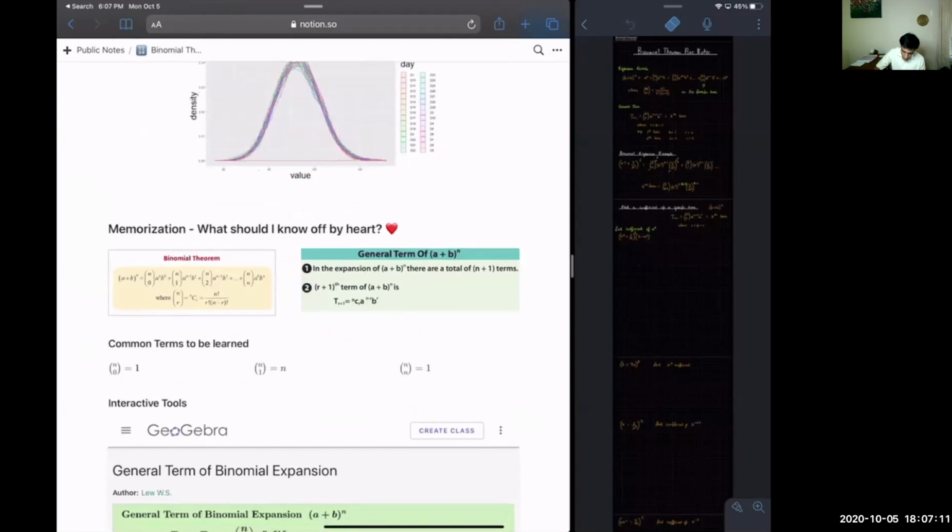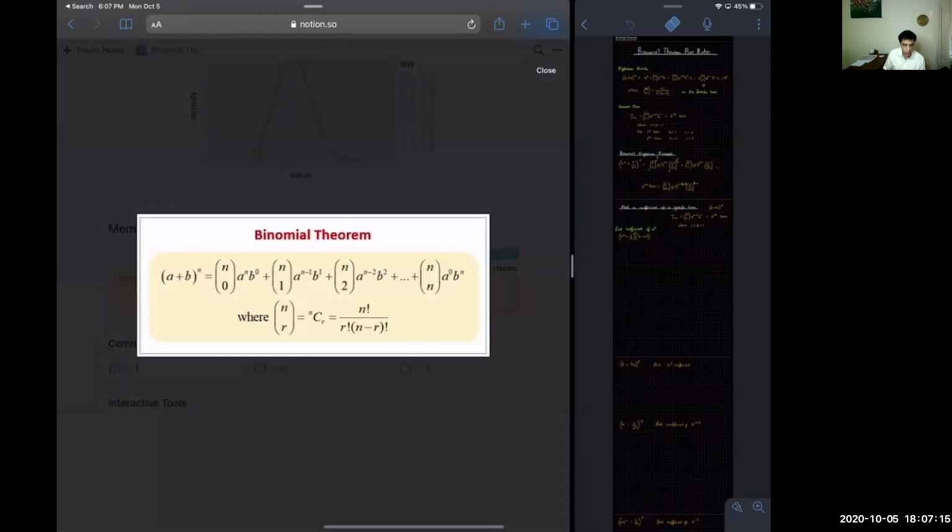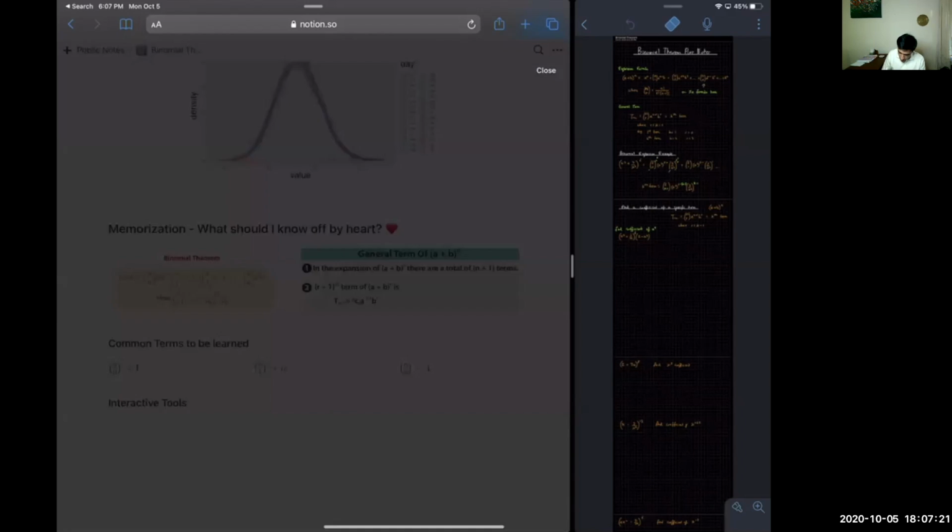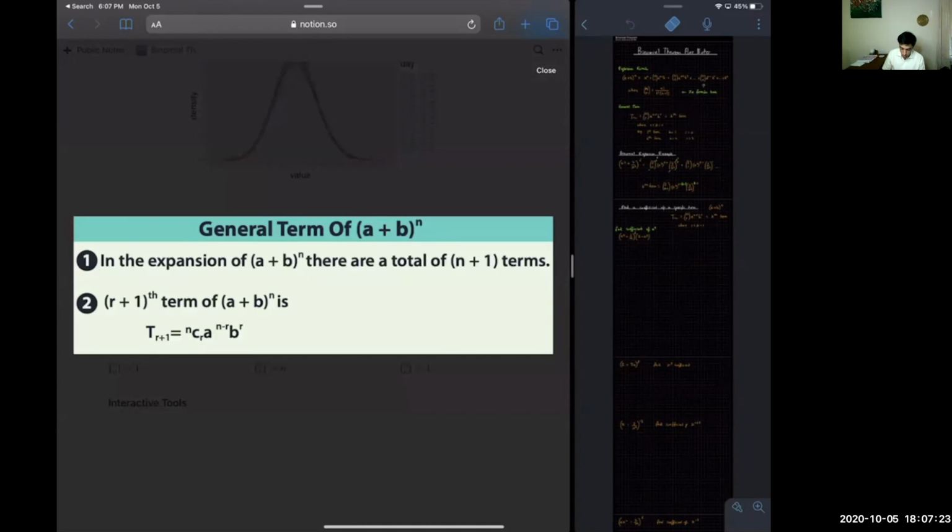These are the main things that you should know, which is the theorem expansion over here, but this is already in your pure notes, so you should just be familiar with how to use it. And this is the general term of an expansion. This one I think is absolutely necessary for you to memorize. I would really recommend memorizing this.